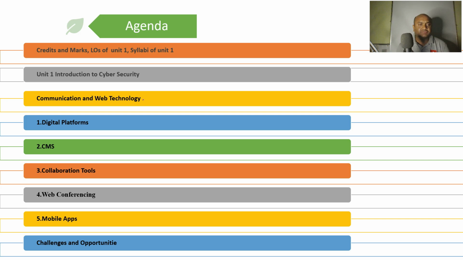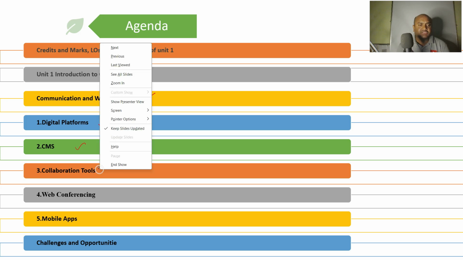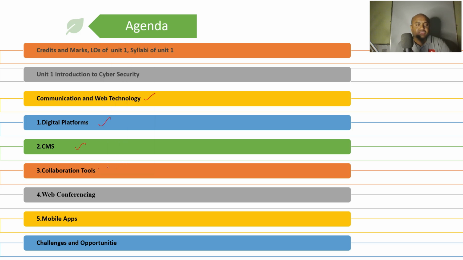The third topic in that is communication and web technology. In that there are five different subtopics: digital platforms, CMS, which stands for content management systems, then collaboration tools, web conferencing, and mobile apps. Finally, we will end the presentation with challenges and opportunities.